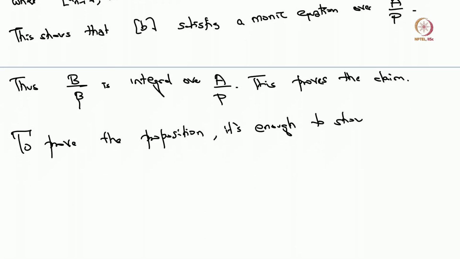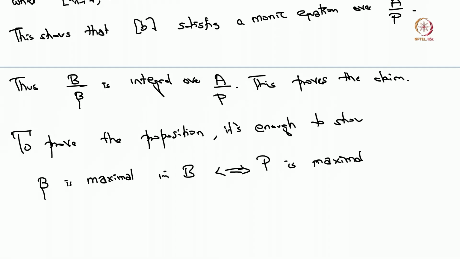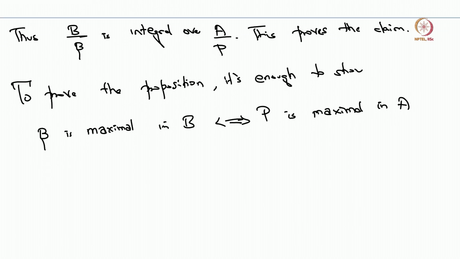Well, we want to show that beta is maximal in B if and only if P is maximal in A. But what you know is that beta is maximal in B if and only if B mod beta is a field, and P is maximal in A if and only if A mod P is a field.